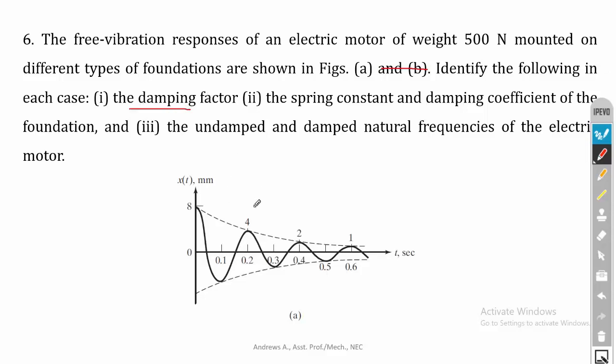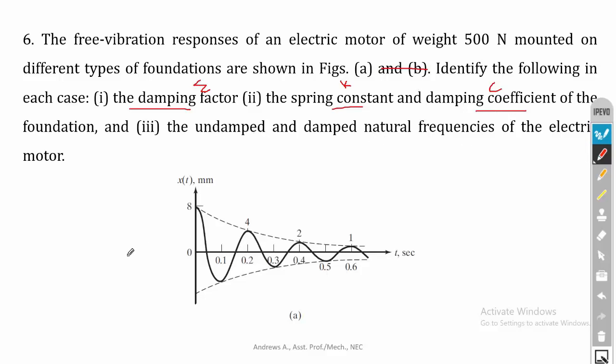Here I have mentioned only one case. Actually in the problem there are 2 cases, but I have neglected case B, so consider one case alone. First we have to calculate the damping factor, then the spring constant K, then the damping coefficient C, and the undamped and damped natural frequency. So omega d and omega n we have to calculate.